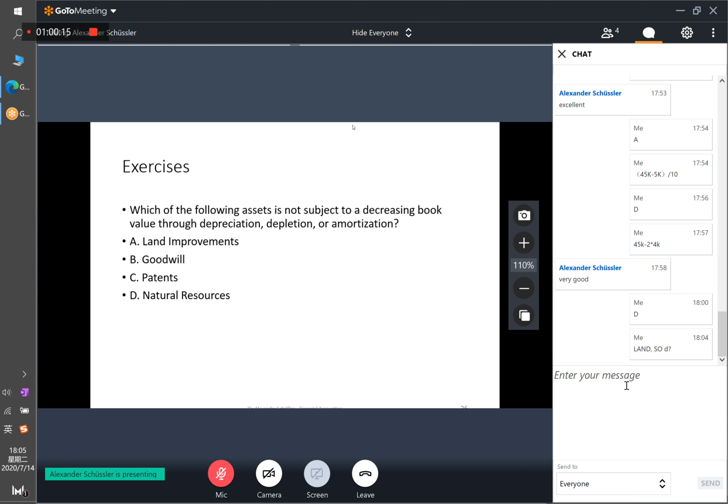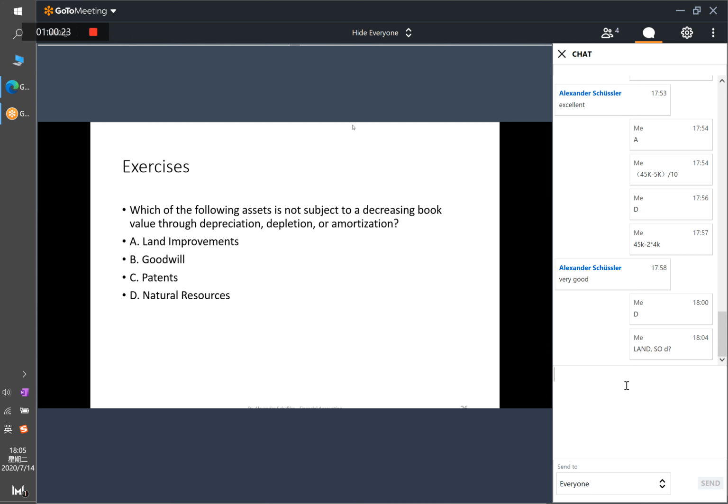Does the fence lose value over time? We talk about depreciation when we're talking about fixed assets.